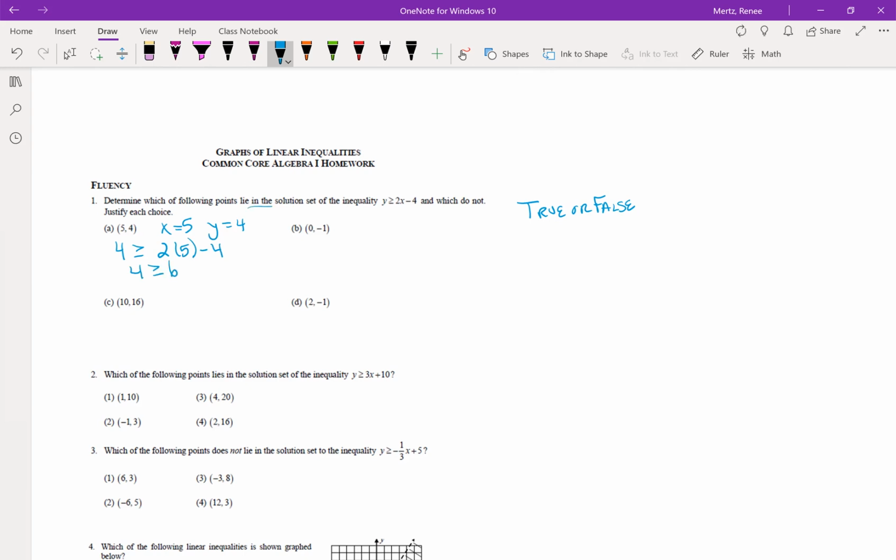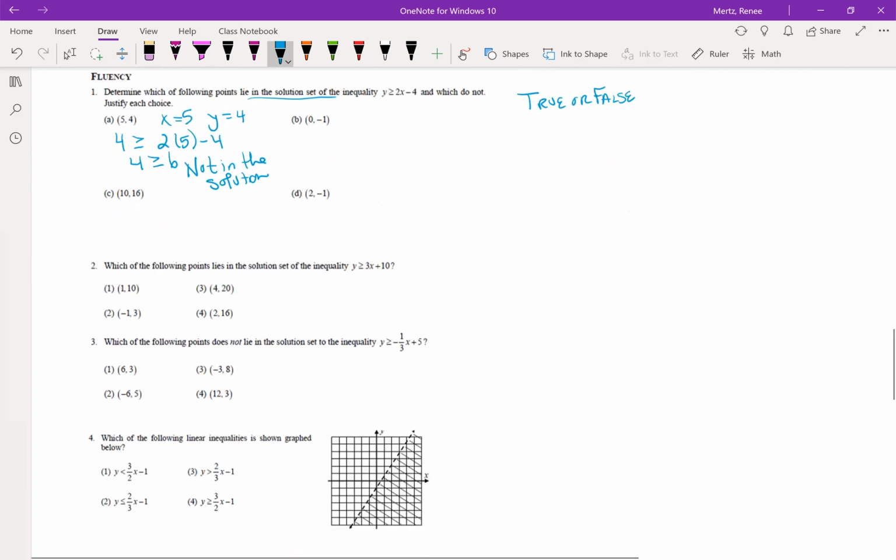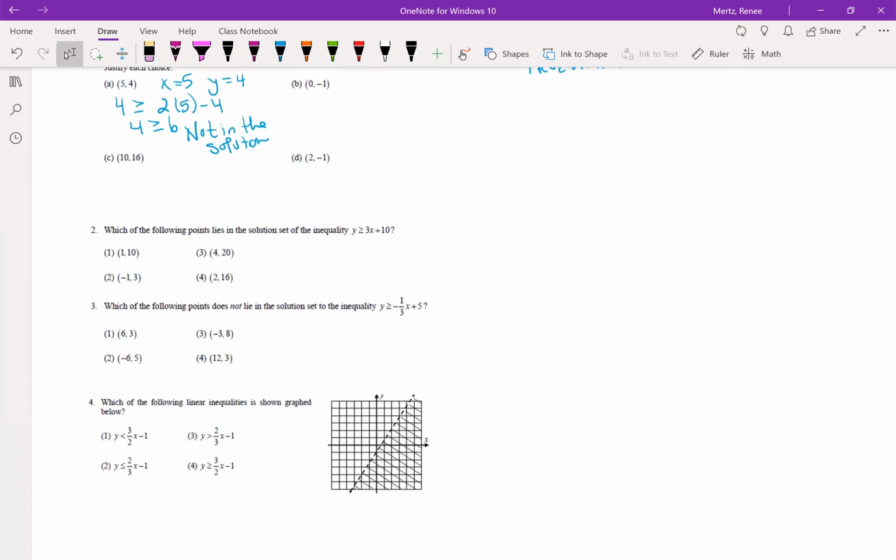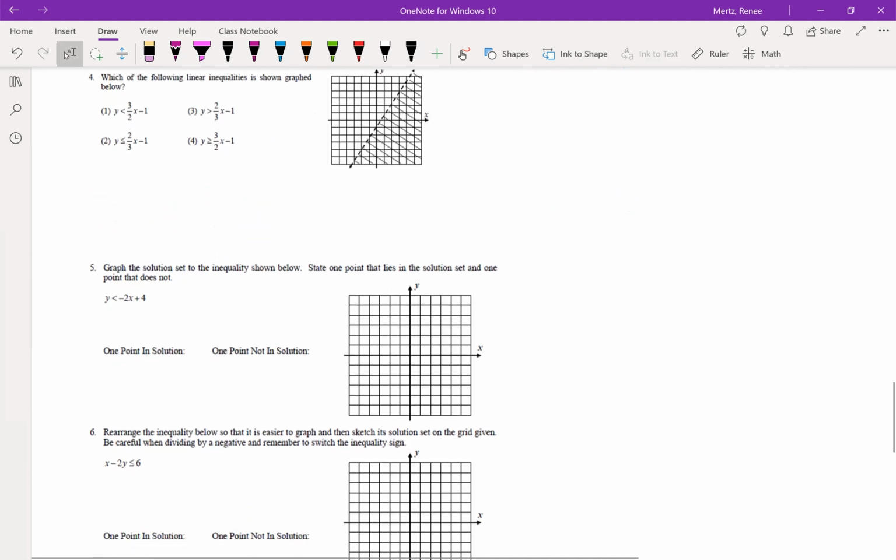Determine which points lie in the solution and which do not. Not in the solution because it's not true. That's basically how you do most of these.